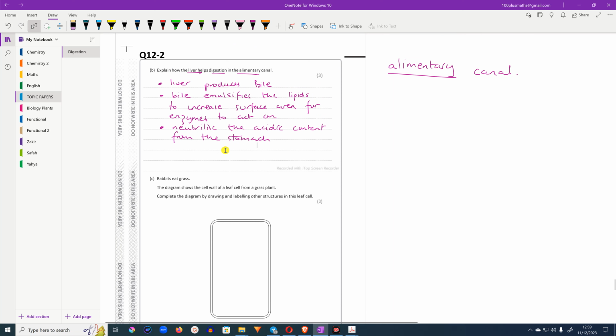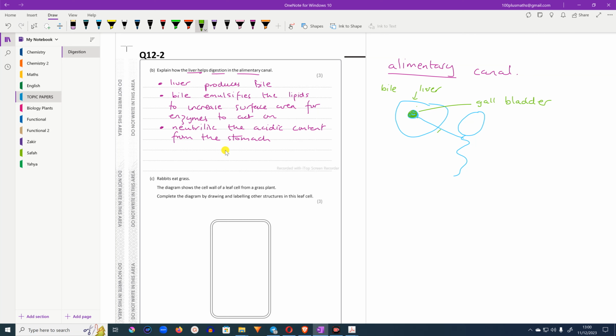Right. Let me just quickly explain it. So you've got the liver, you've got the gallbladder, you've got the bile duct, and here is the stomach, and here is the small intestine. So the liver produces bile. It's stored in the gallbladder.